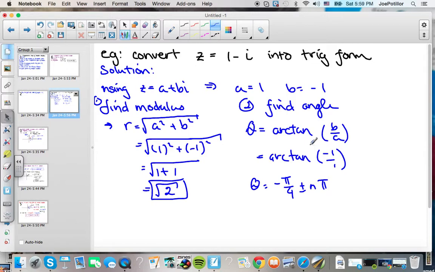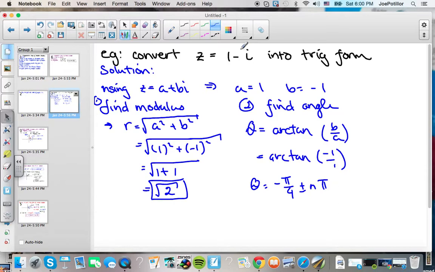So -pi over 4 will be the angle that we use for that. But there's a problem here, of course, as you can see. The problem here is that this number is in the fourth quadrant. Since the number is in the fourth quadrant, cosine will be positive and sine will be negative when you plug this number in.